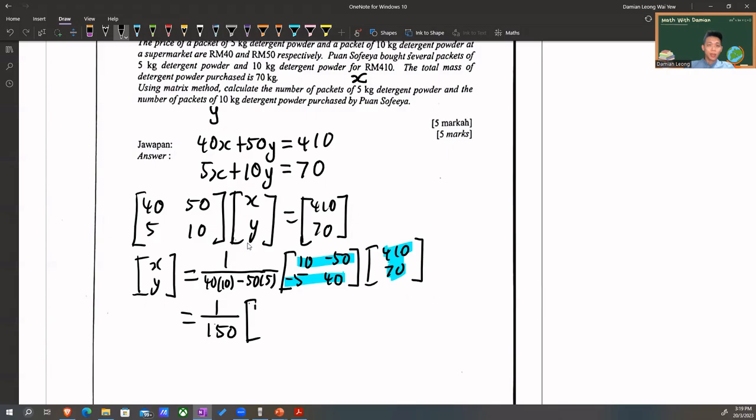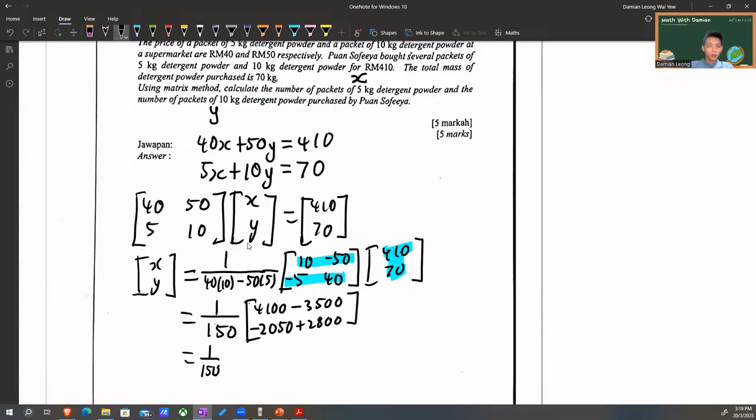So 10 times 410, 4,100. 50 times 70, negative 50 times 70, minus 3,500. Second row, first column, negative 5 times 410, negative 2,050. 40 times 70 plus 2,800.